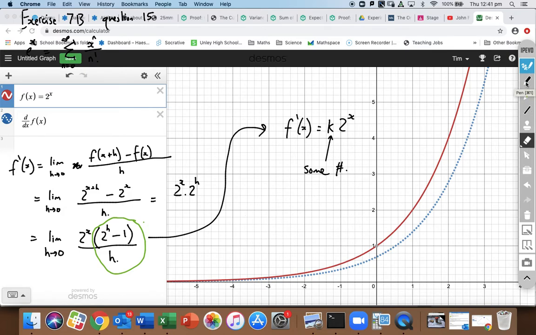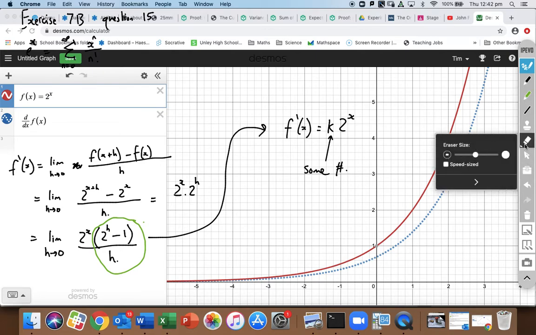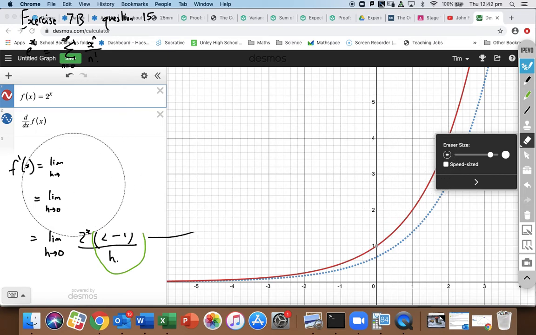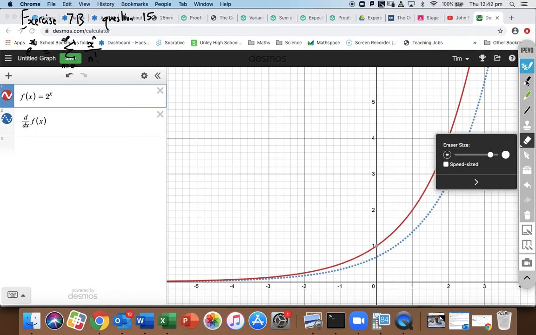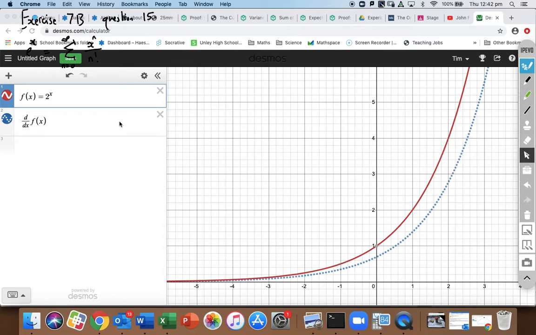So then we thought about, well, okay, is there a function that is exactly its own derivative? Because when we go to 3 to the x, have you noticed that the derivative is slightly underneath 2 to the x here? When we go to 3 to the x, you'll see that the derivative is slightly above.